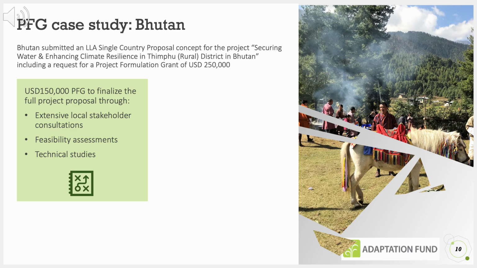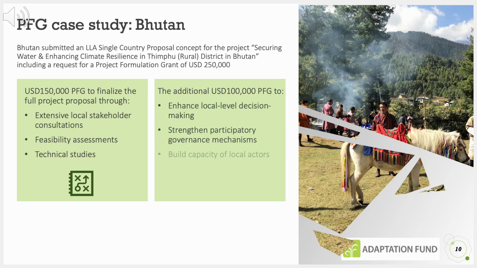The additional $100,000 PFG will be specifically used to enhance local-level decision-making by strengthening participatory governance mechanisms and building the capacity of local actors through capacity-building workshops and learning visits to other successful adaptation sites.